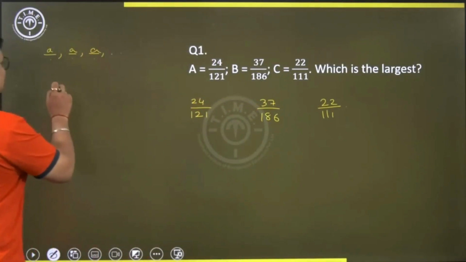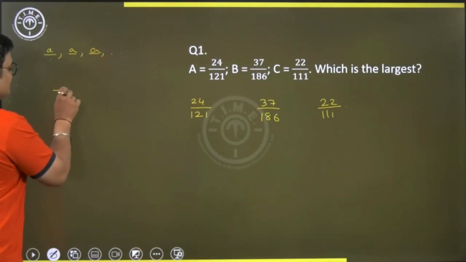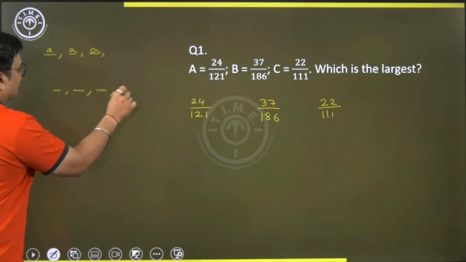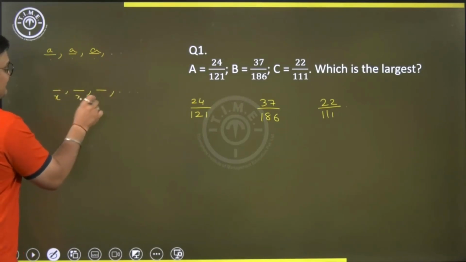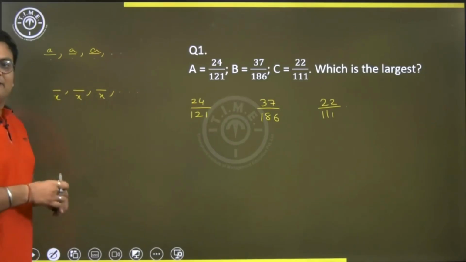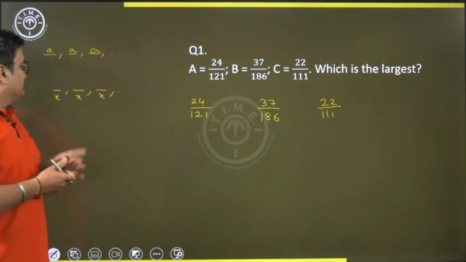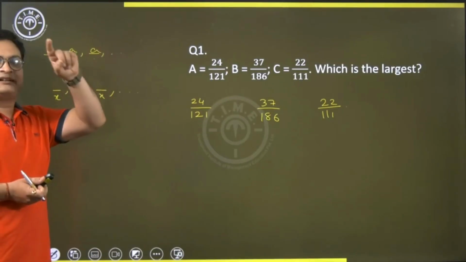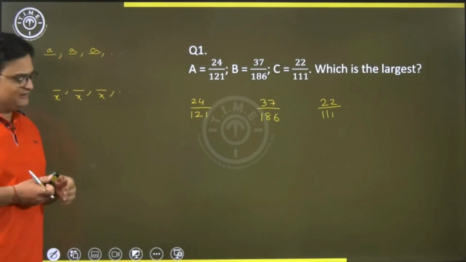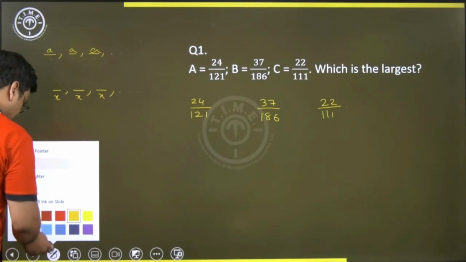Similarly, if for a group of fractions the denominators are constant, then whichever fraction has the highest numerator is also going to be the highest. Correct?